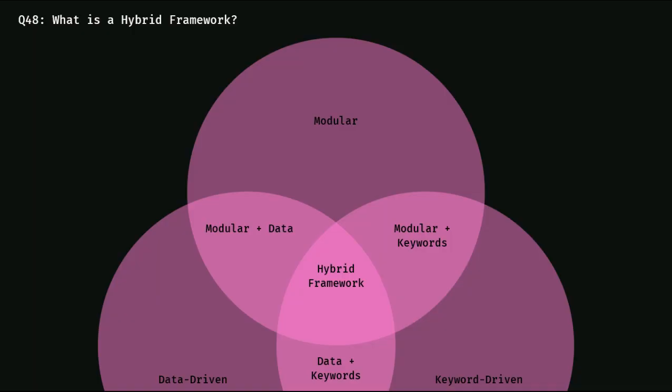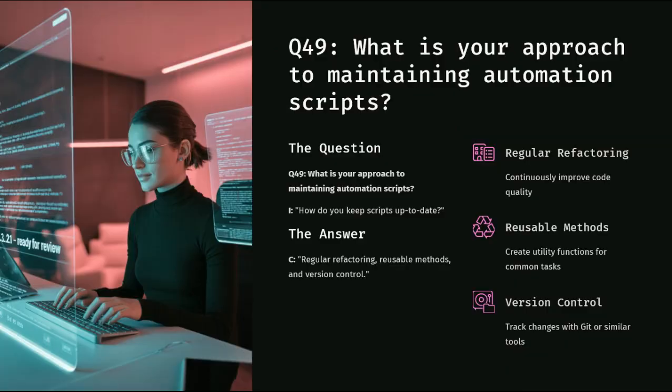Like a data-driven framework is there, and then a keyword-driven framework is there. If we combine both the data-driven and keyword-driven frameworks and perform automation testing, then that will be called a hybrid framework.